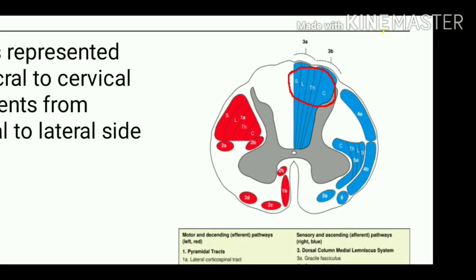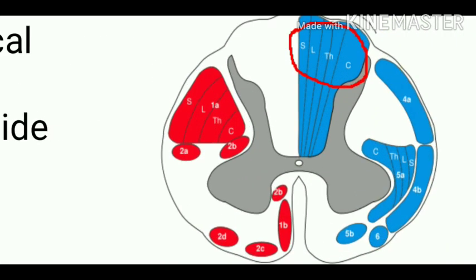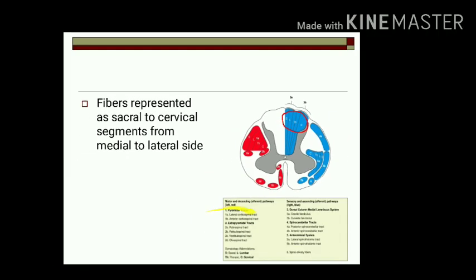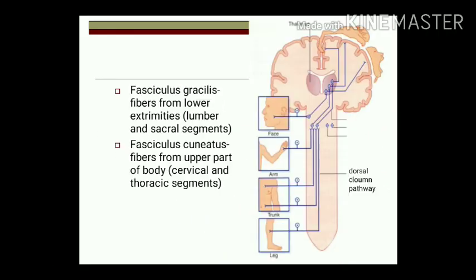You can see here in the diagram: medially, sacral and lumbar segments equal fasciculus gracilis; laterally, thoracic and cervical segments form fasciculus cuneatus. Again the same thing is depicted here.